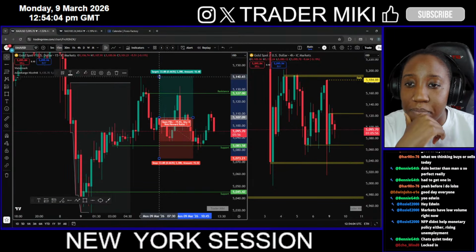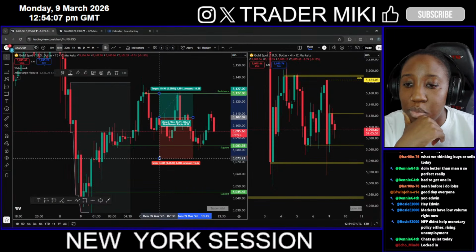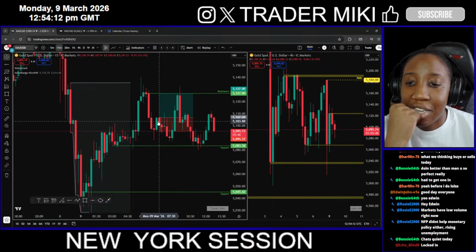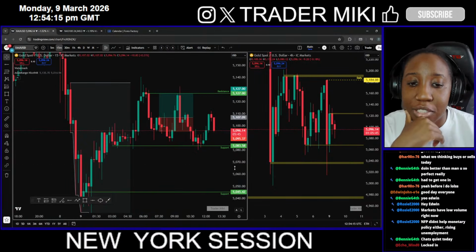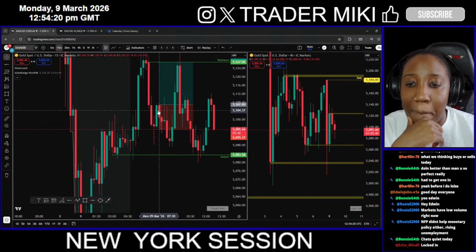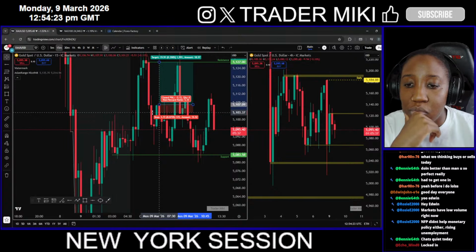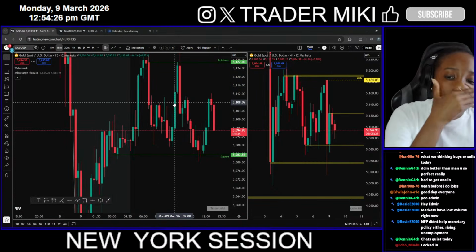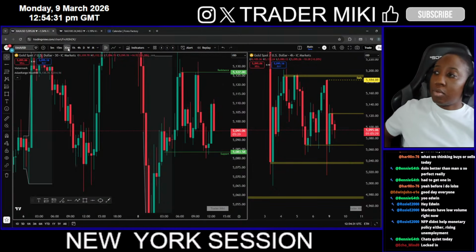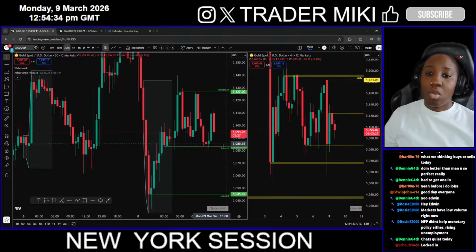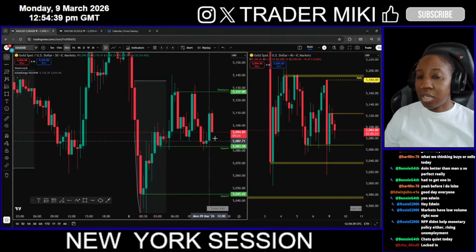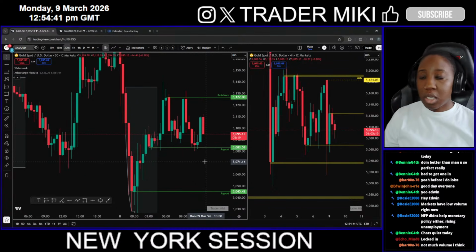It broke the high. I don't know where his TP was, but I think his stop loss was below here, and he cut the trade super quick. It pushed up a tad, he got in, it started to pull back, and he was like, I don't like this, and just chopped it. Boom. It can't have been more than 50 pips. And then obviously price came down. It wasn't a bad idea, because eventually price did push up.